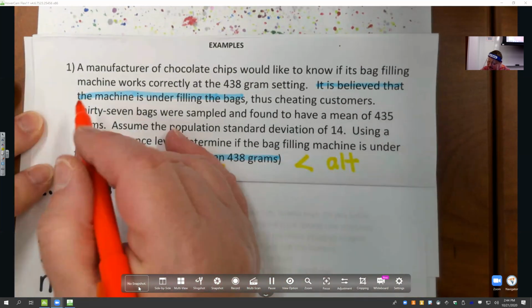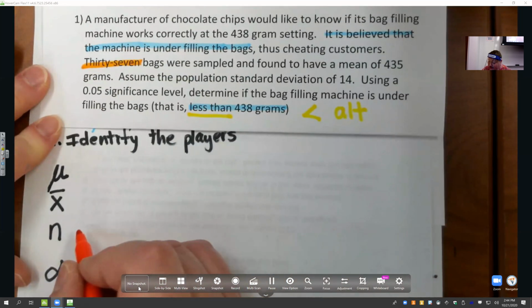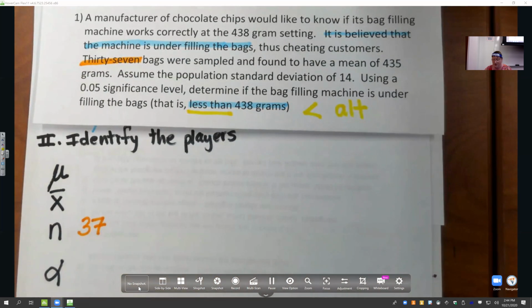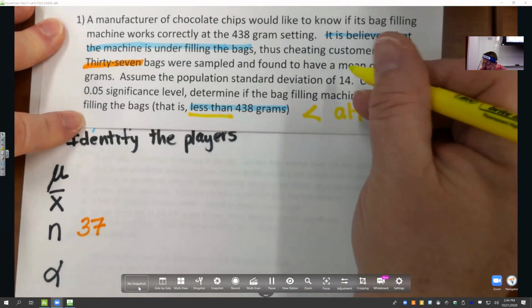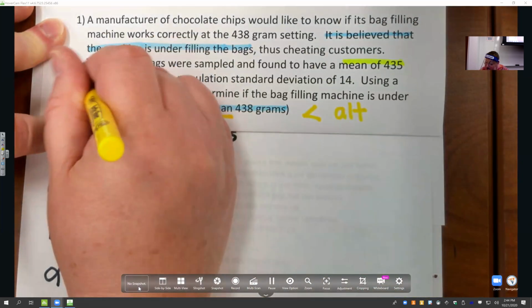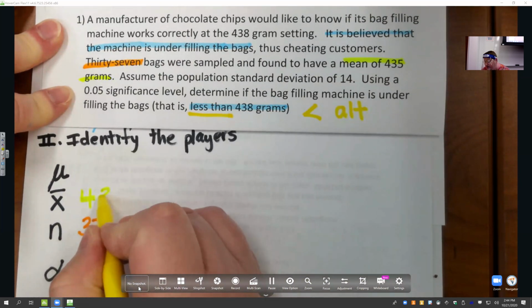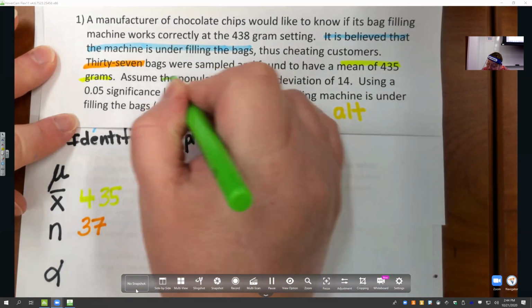Let's see, third sentence, 37 bags. So that's my N, that's my sample size. I checked 37 bags were sampled and found to have a mean of 435 grams. So my mean is 435, my sample mean. Then it says, assume the population standard deviation of 14.